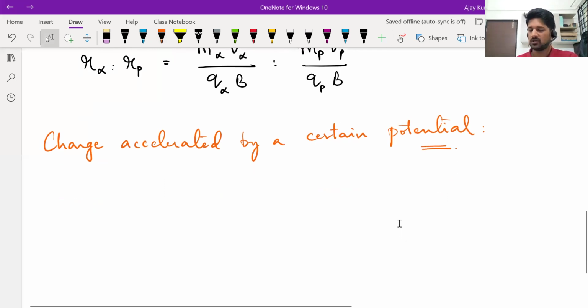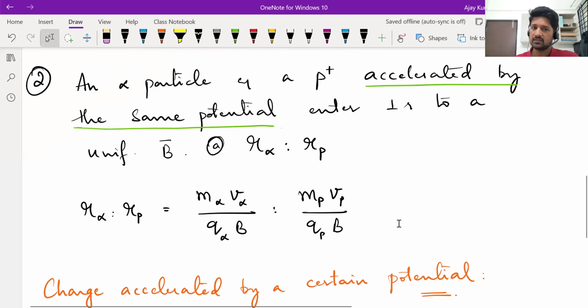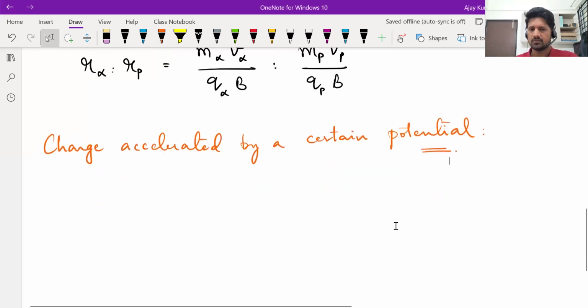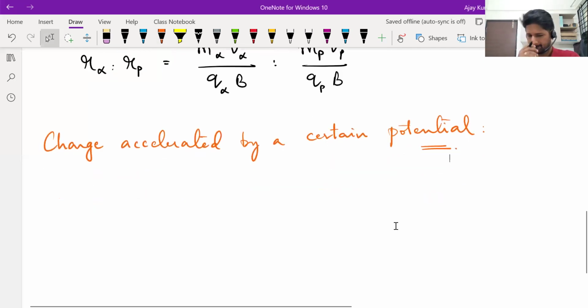No, it's not change in potential. Change in potential energy will be equal to change in kinetic energy, or negative of change in kinetic energy. But I'm asking, in the question, they said the charges are accelerated by the same potential. So what is the definition of potential?